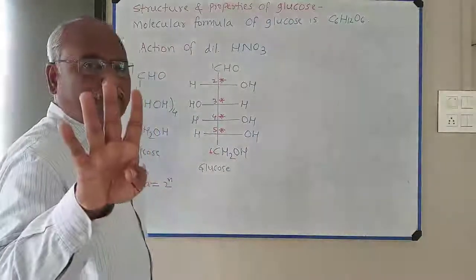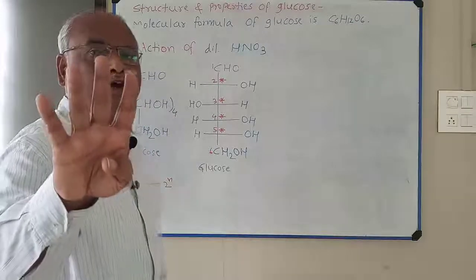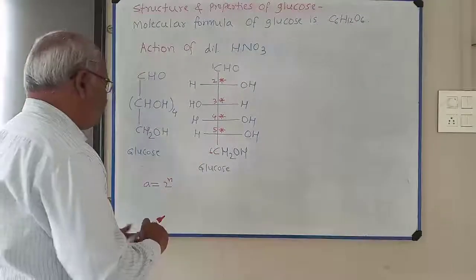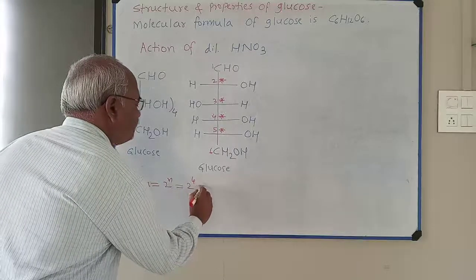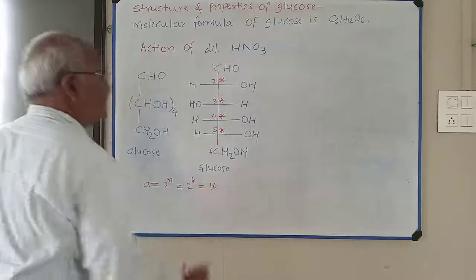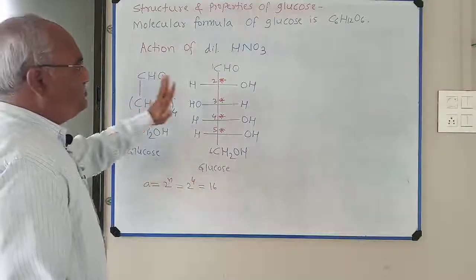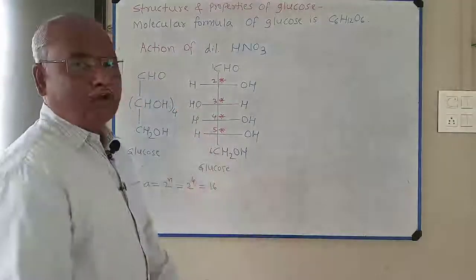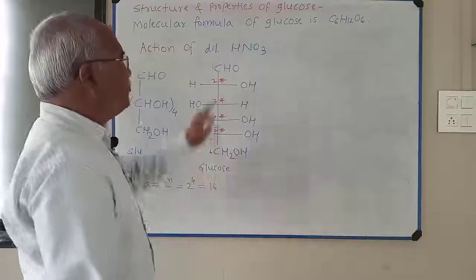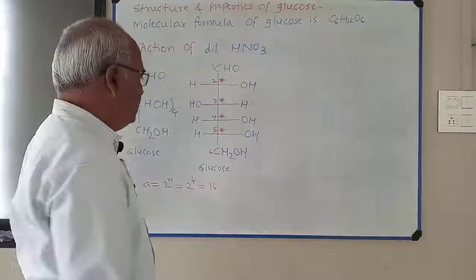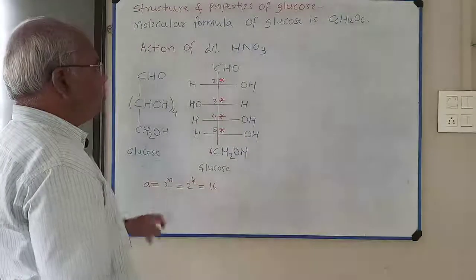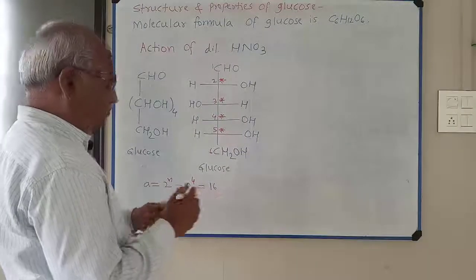In glucose 4 asymmetric carbon atoms are present. Therefore A equals 2 raised to 4, that is equal to 16. 16 isomers are possible for glucose with the formula C6H12O6. So this is about the number of optical isomers of glucose.